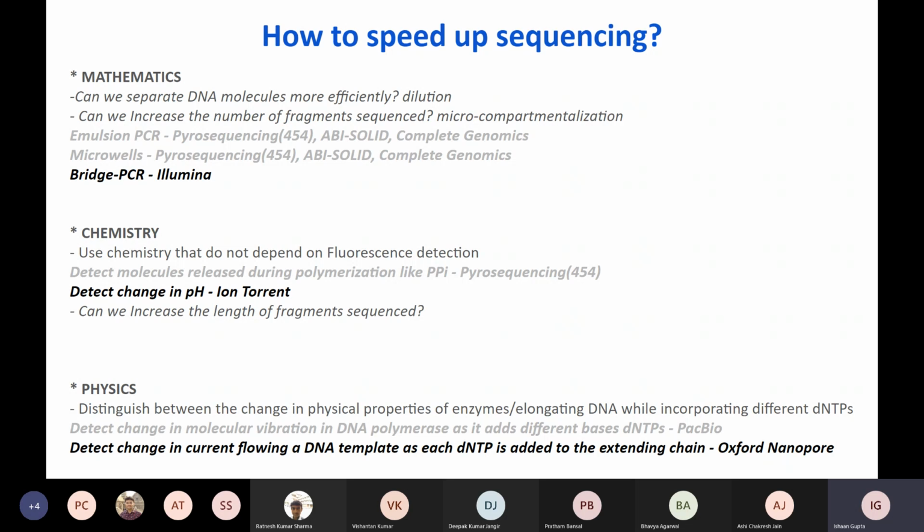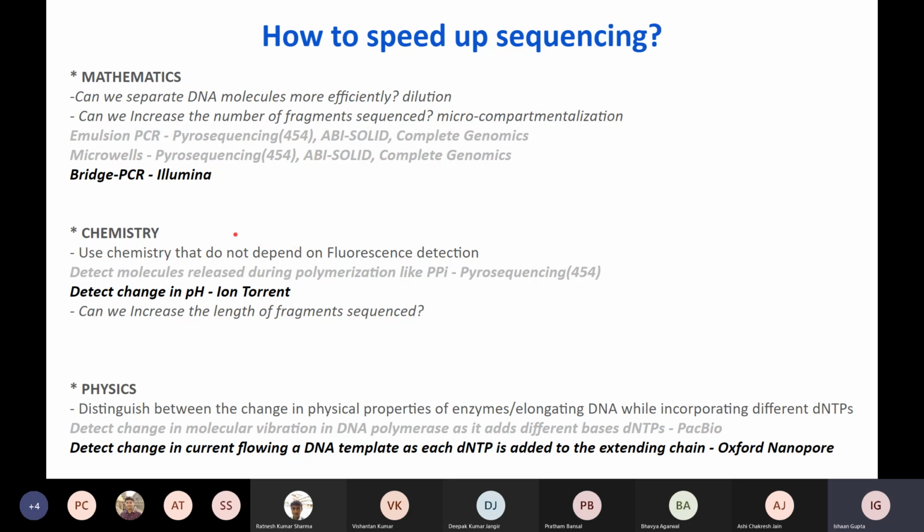So how would you capture such diluted parts efficiently? They came up with the idea of micro compartmentalization. You dilute samples in micro compartments so that each compartment is likely to have not more than one DNA fragment. All right. And then after this micro compartmentalization, you can do the experiments there.